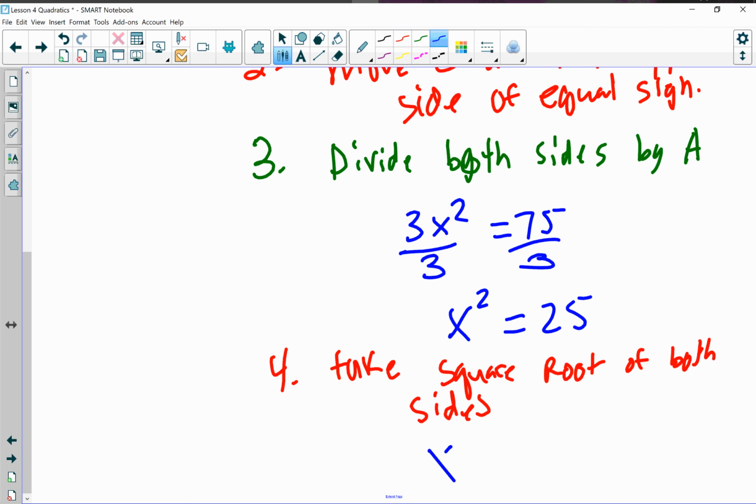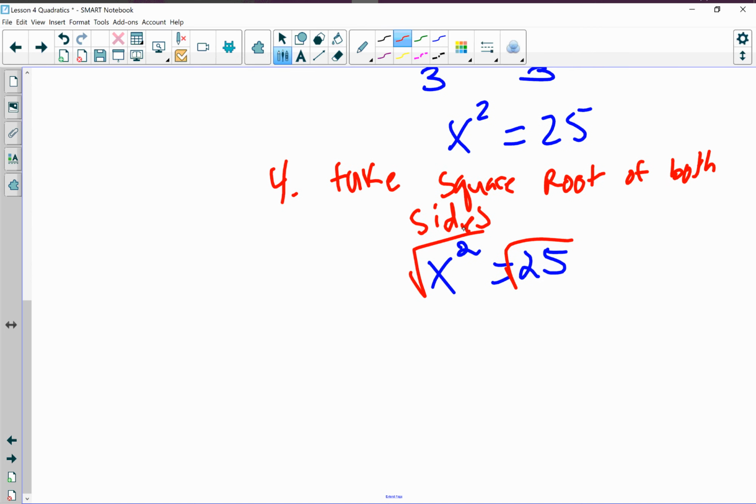So I have x squared equals 25, and I'm going to square root both sides. The square root of x squared is x. The square root of 25 is positive 5, and it is negative 5. So there's my two answers.